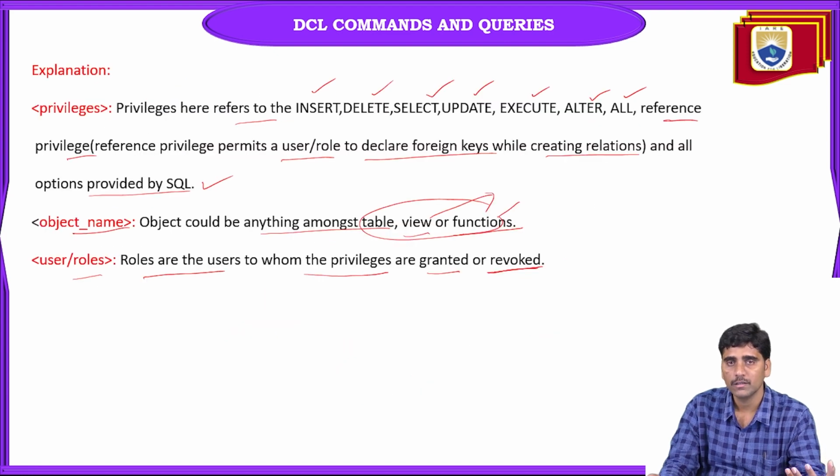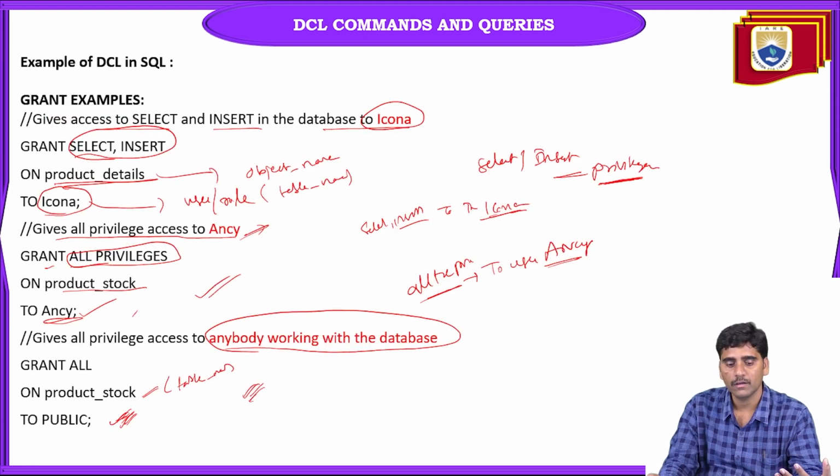Here is the explanation. The privileges are nothing but all the DML operations, the object name represents tables, views or functions, and the users or roles are the users who were created in the database. And examples: how we can grant particular privileges to a particular user on a particular table, how to give all privileges on a table to a particular user, and how to give permission to all the public on a particular table.